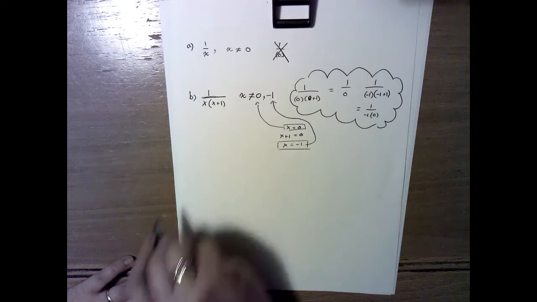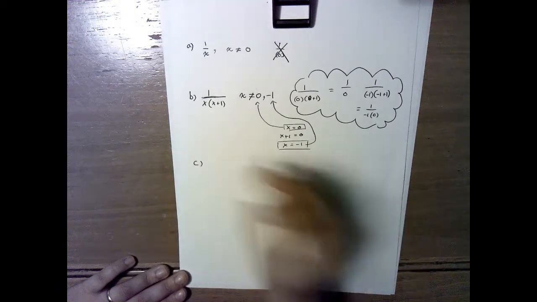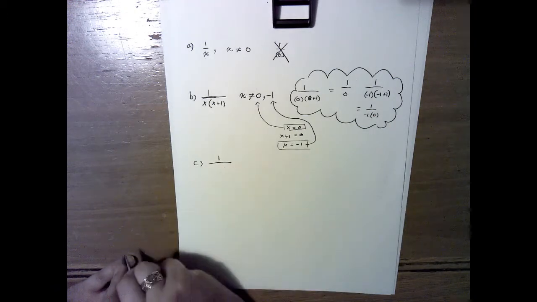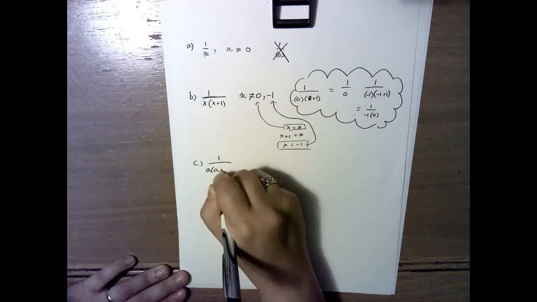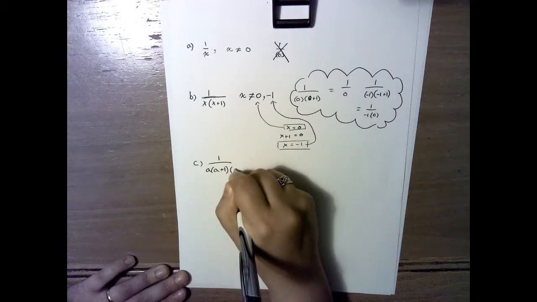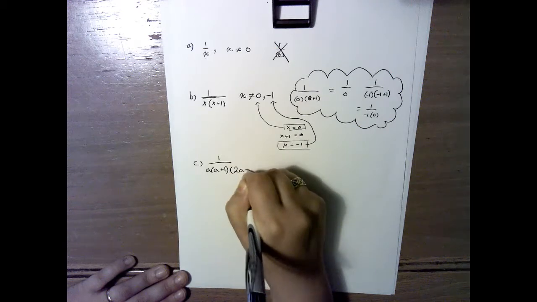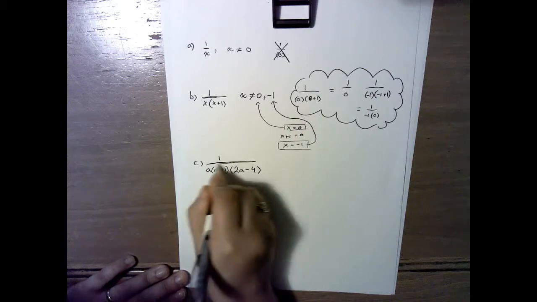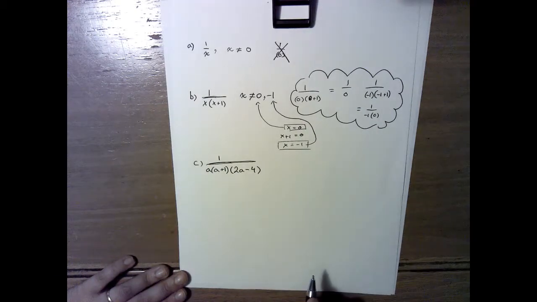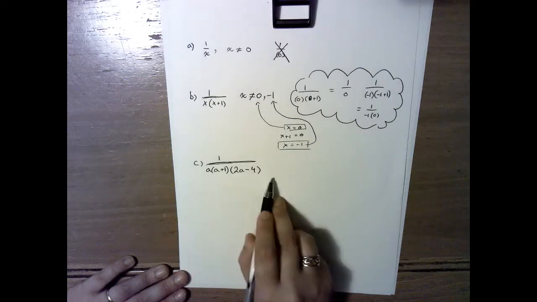Let's look at another example. Let's say I have 1 over a times a plus 1 times 2a minus 4. Well, now I'm not dealing with x's anymore. I'm dealing with a's, but I do the same thing.